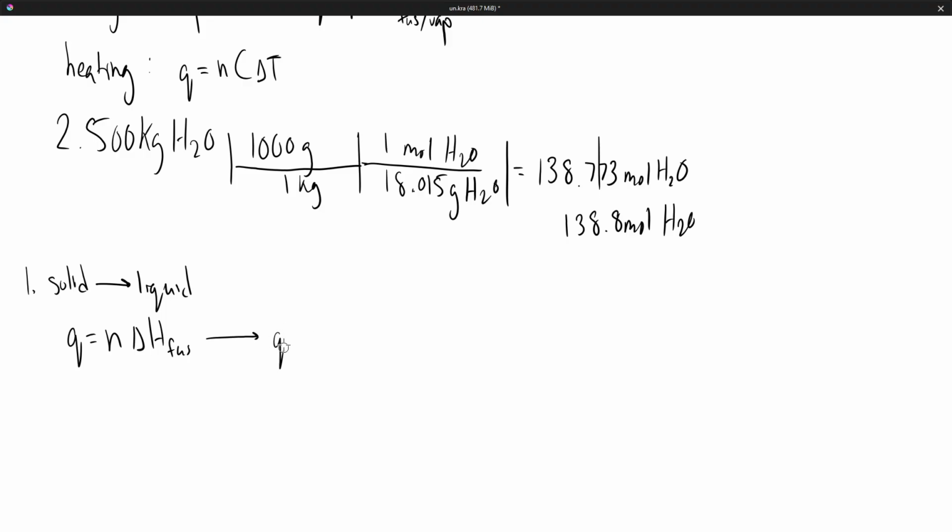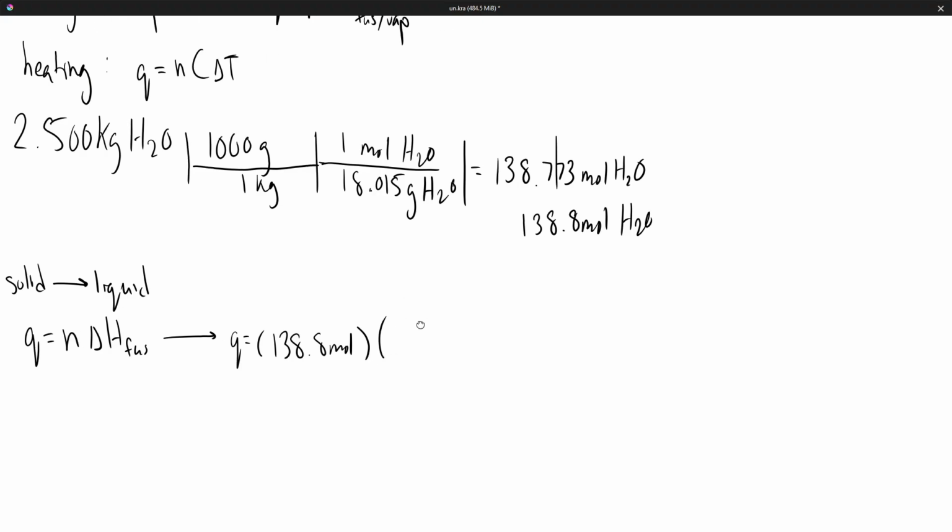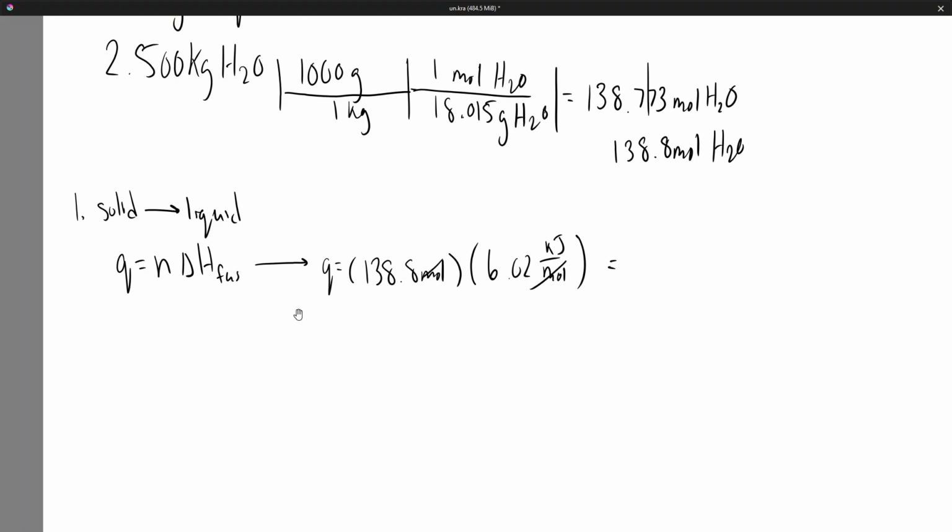So plugging those numbers in, it's Q equals 138.8 moles times the heat of fusion, which is given to you, 6.02 kilojoules per mole. So you see, the moles cancel out, and you'll be given an answer in kilojoules.